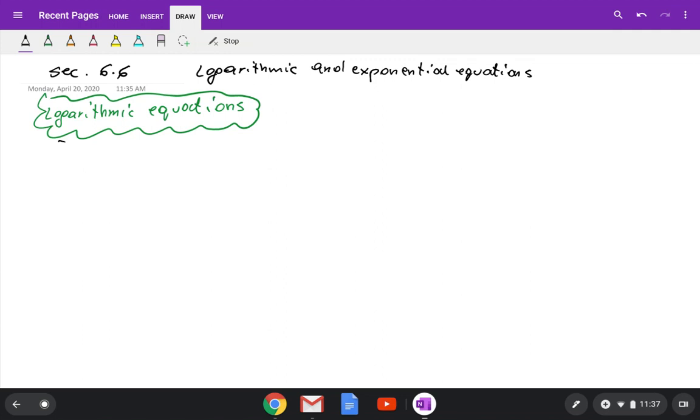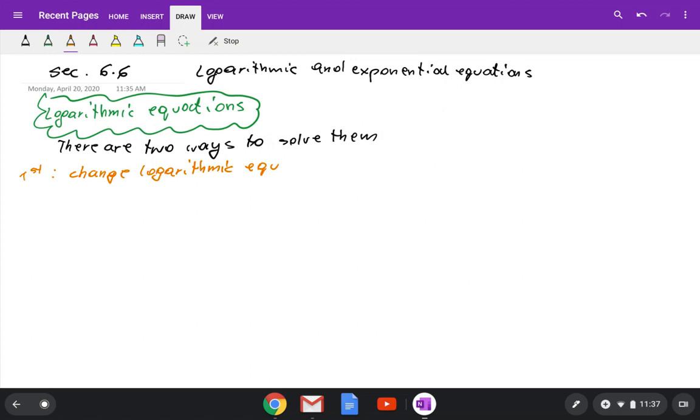And there are two ways to solve them. The first one is to change the logarithmic equation to exponential.